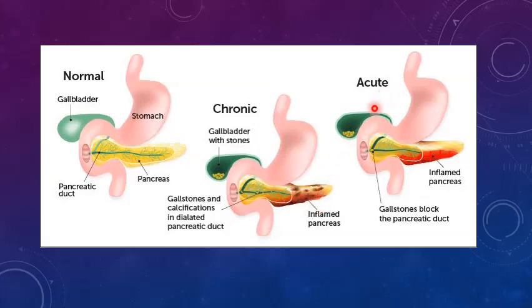Whereas in an acute condition, the gallstones will block the pancreatic duct. Here they are dilating it, whereas here they are completely blocking it. So complete blockage of the main pancreatic duct results in acute pancreatitis, whereas dilation of the main pancreatic duct results in chronic pancreatitis.